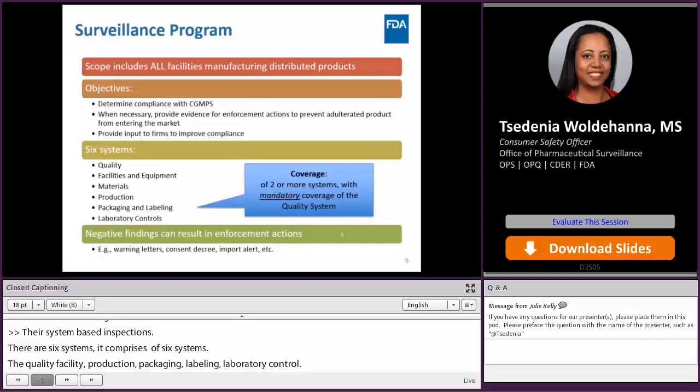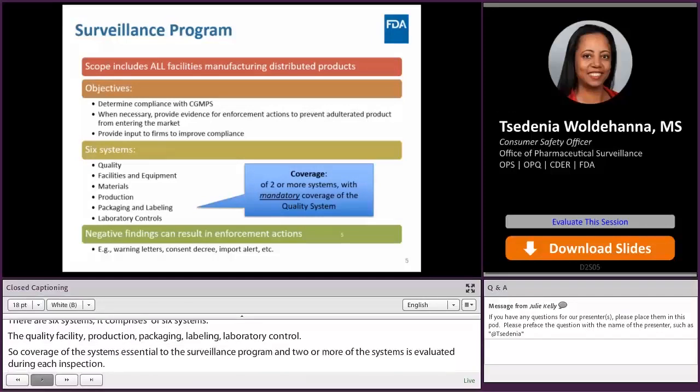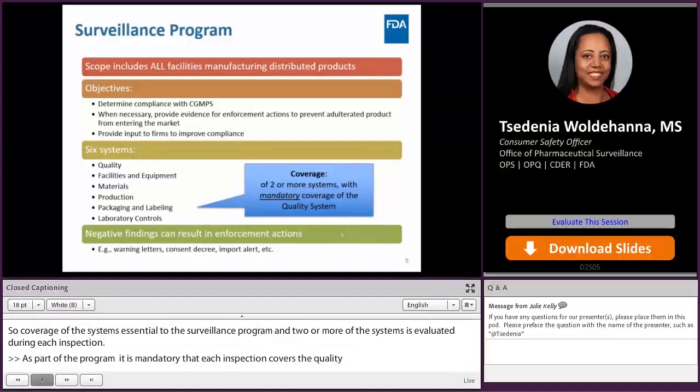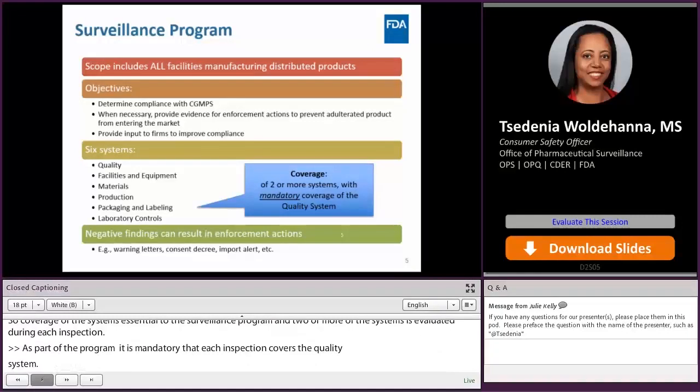A lot of inspections will cover actually 5 or 6 systems. And as part of the program, it is mandatory that each inspection covers the quality system.